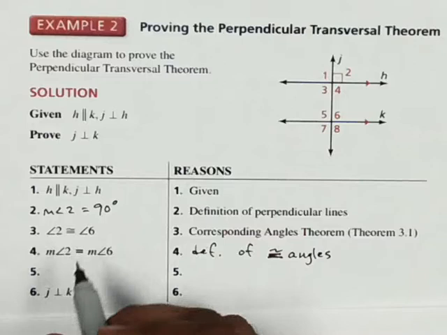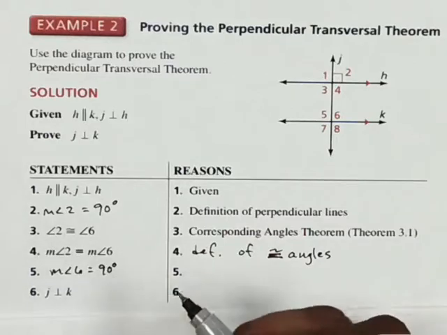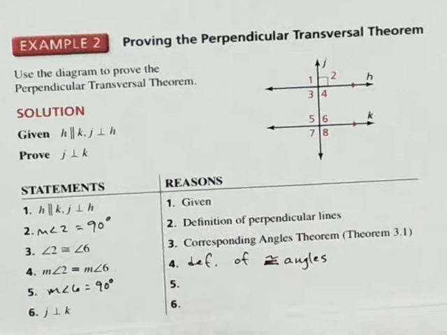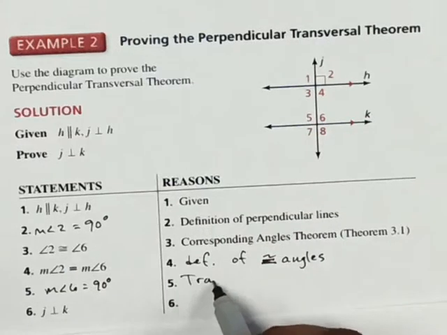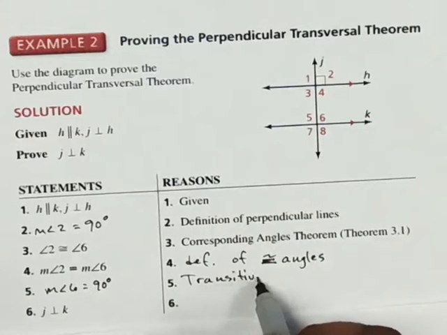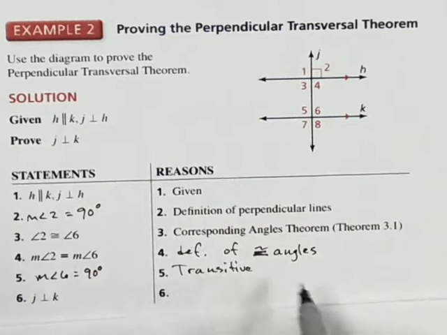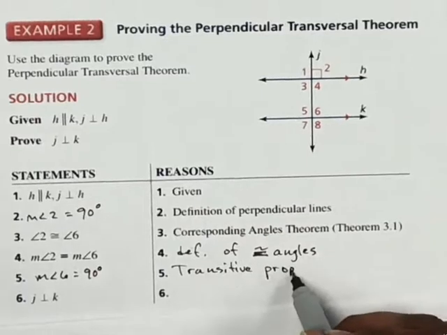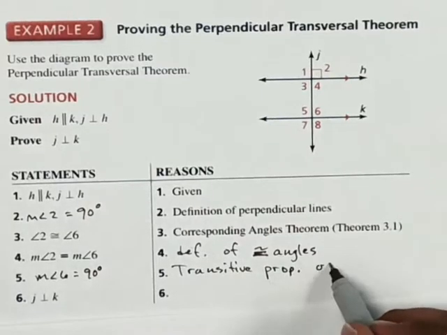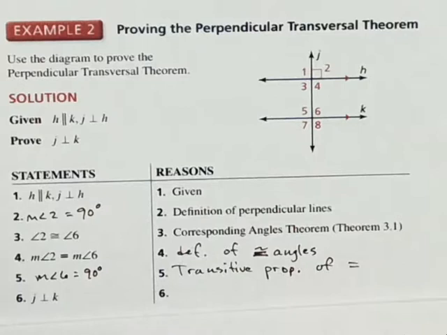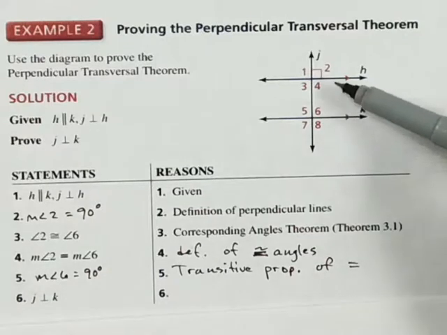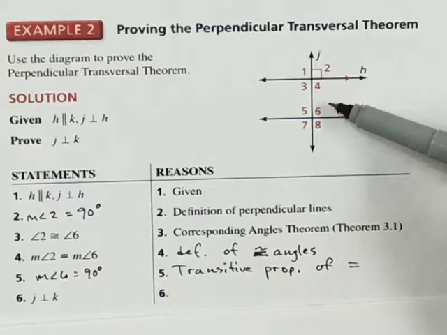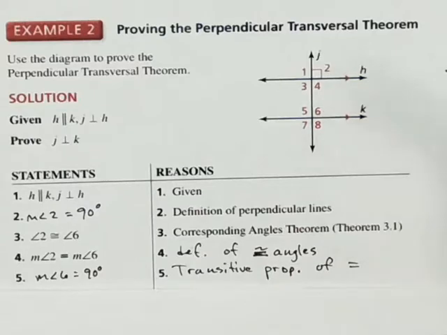To be a little more specific, that means that the measure of angle 6 is actually 90 degrees. And we would use the transitive property of equality for that. So we have that 2 and 6 are corresponding, and since angle 2 is 90 degrees, angle 6 has to be 90 degrees.